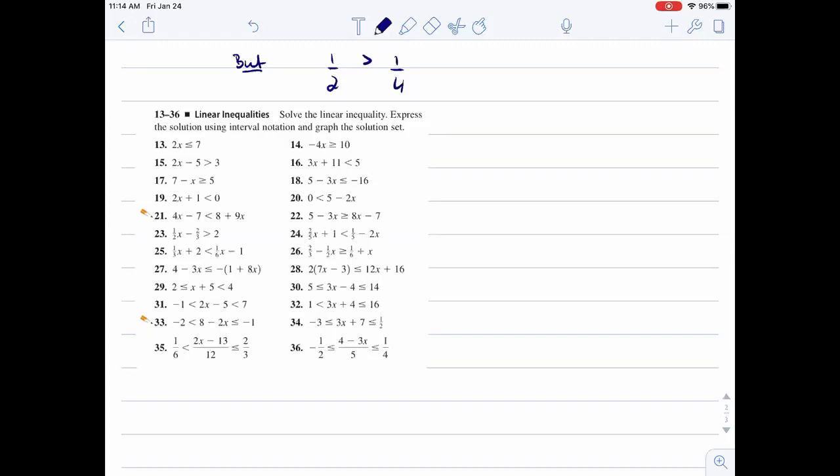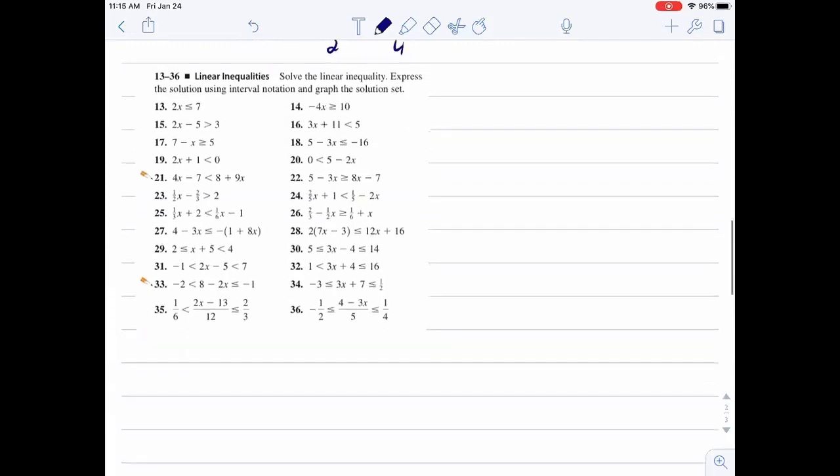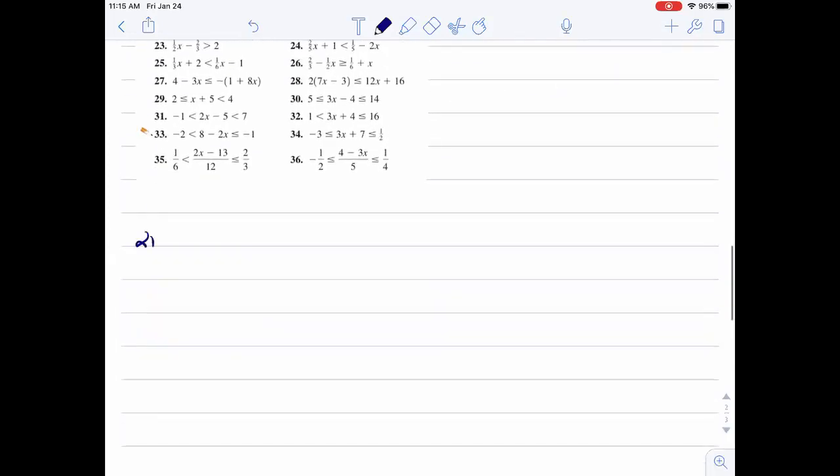You guys have the answers to the odds or the evens? I was thinking I should do the ones that you don't have the answers to. Yeah, it's confusing because this one has all of them. So that's why I brought it, because I realized it has all of the answers. So if you're working on something and you're not sure, then you can flip through this one and have a look at all the answers. But anyways, let us do 21 by request.